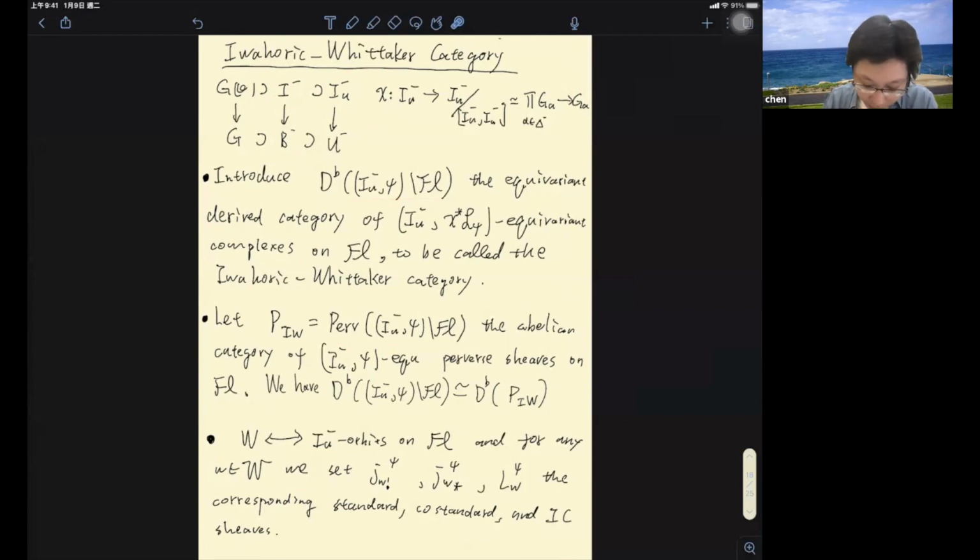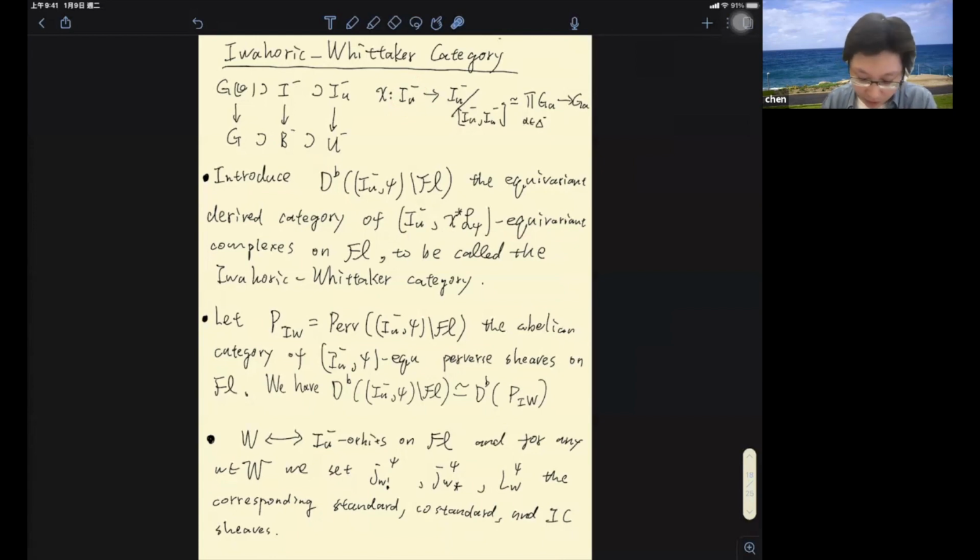It's the equivariant derived category of I_u minus with this pullback. We have the Artin-Schreier sheaf on G_a. You can pull it back, you get the character sheaf on I_u minus, and you can consider the corresponding equivariant derived category. And this is usually called the Iwahori-Whittaker category.